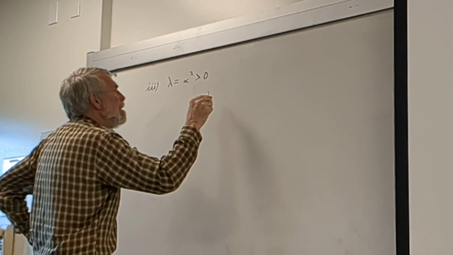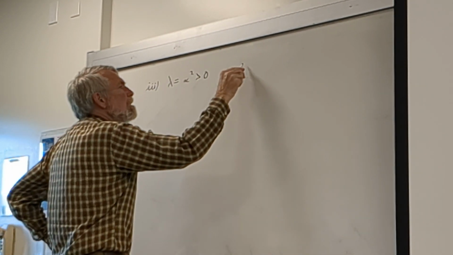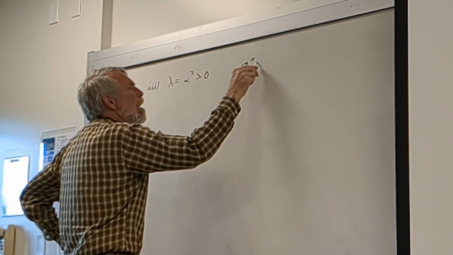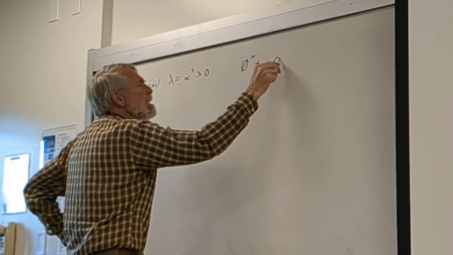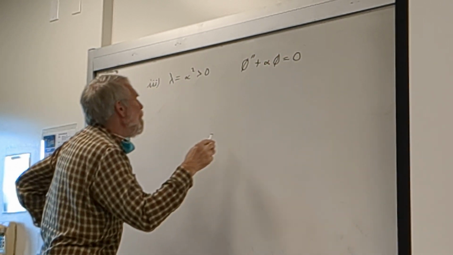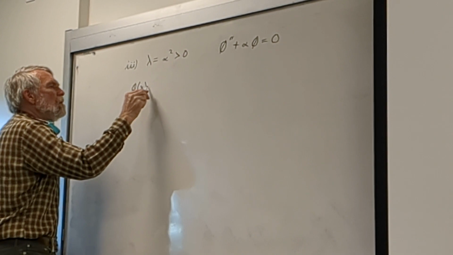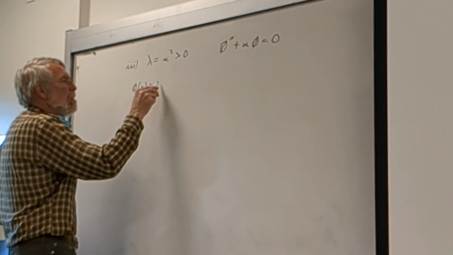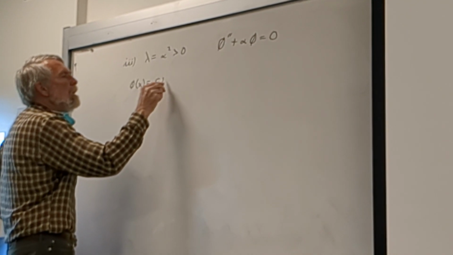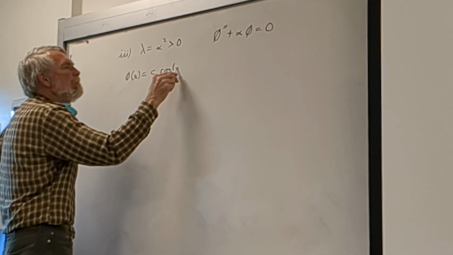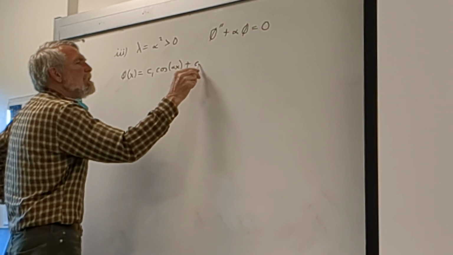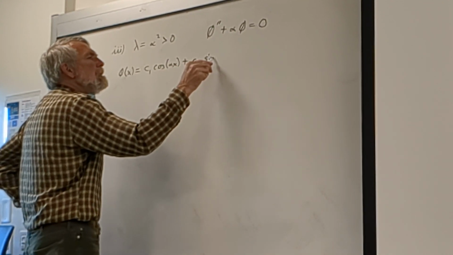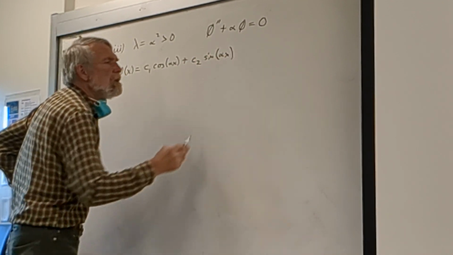And so the phi double prime plus alpha squared phi equals 0. All right, so what do we get for our general solution phi of x? C1 cosine of alpha x plus C2 sine of alpha x.